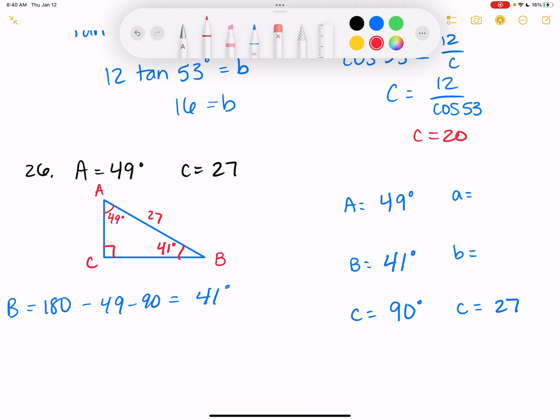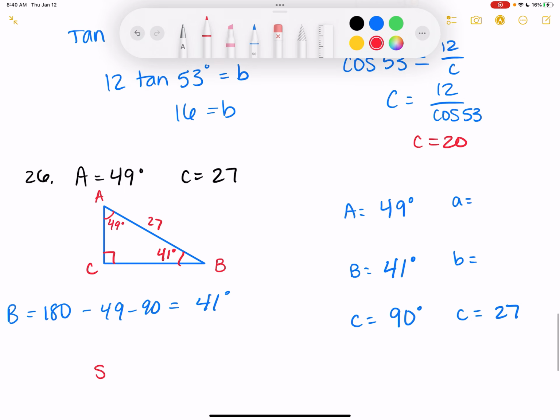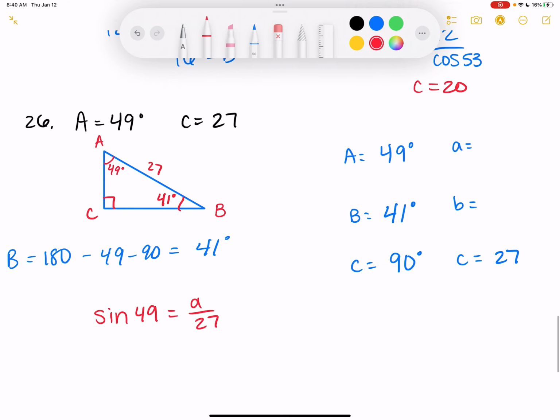So what's a trig function in relation to A that also deals with the hypotenuse that I can use for either of the other sides? Sine. Okay, so sine is going to solve for side A. So the sine of 49 is equal to little a over 27. We just multiply, so A is equal to 27 sine of 49.